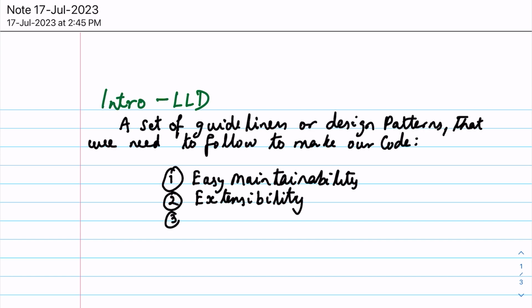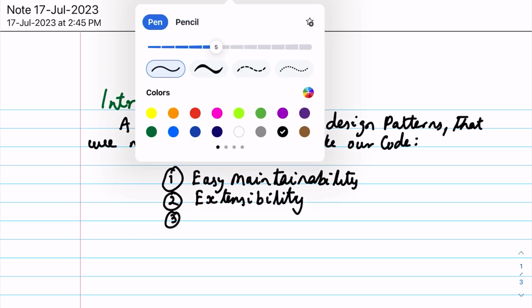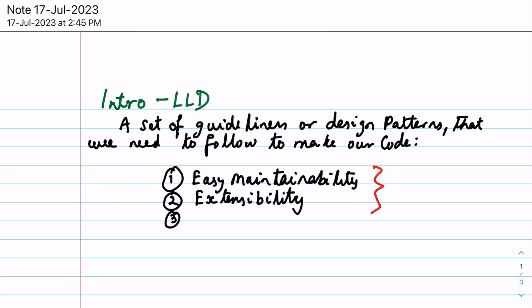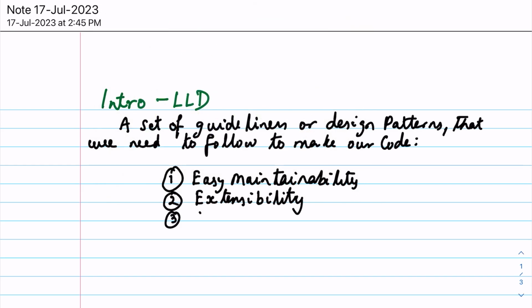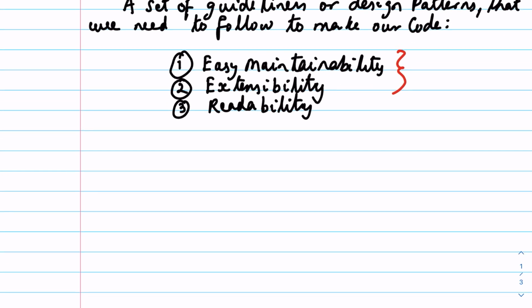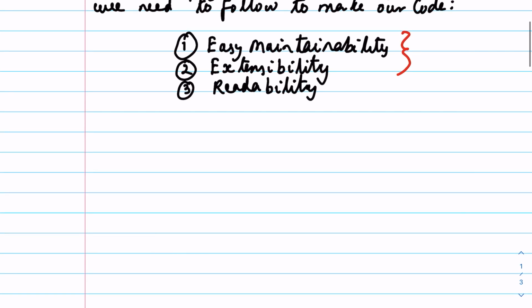The third point, readability, is not required, but the main two points are these. The main point of low level design is proper maintainability and proper extensibility.